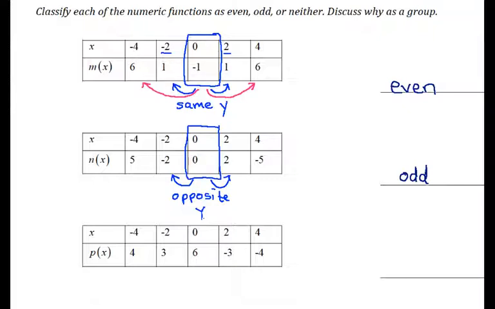Looking at our third example, I again start by finding where x equals 0. This time it looks like we have a y-intercept of 6. And I step both directions from there, and I see that I get opposite y. Opposite y suggests an odd function, but something about an odd function that we haven't mentioned yet is that if 0 is in the domain, it really has to pass through the origin.